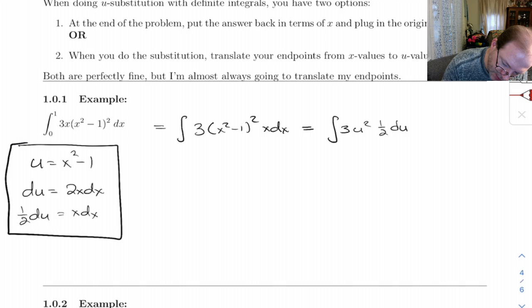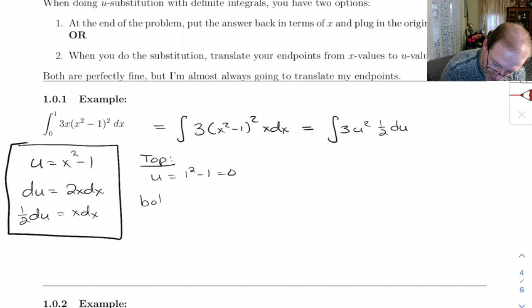What I need to do is translate my endpoints. On the top, what I'm going to do is take the 1 and I'm going to plug it into here. So for my top endpoint, u is going to be 1 squared minus 1. So that's 0.